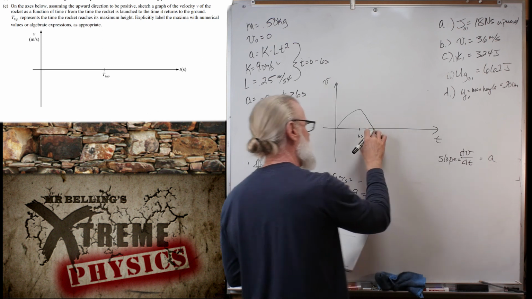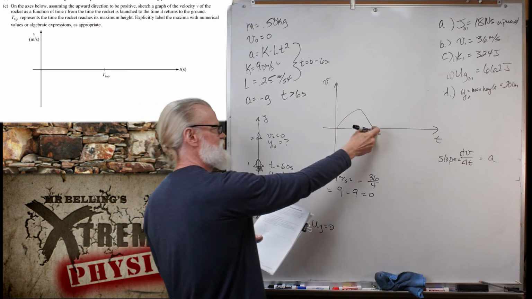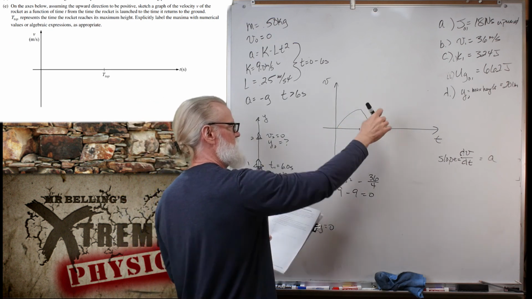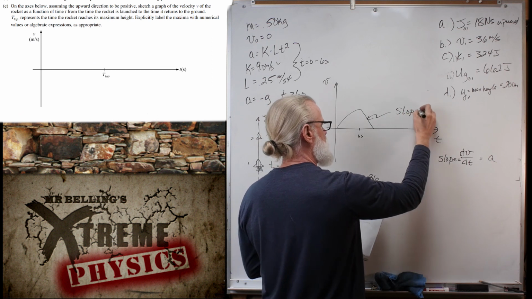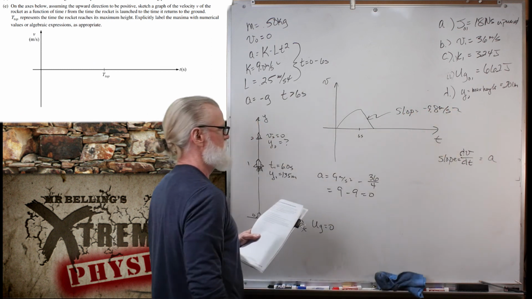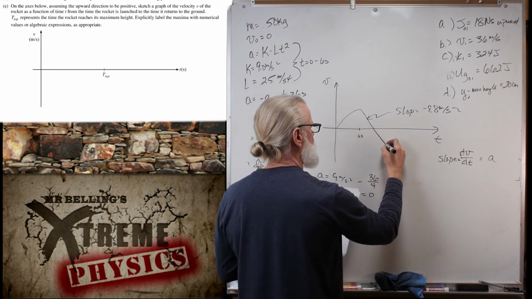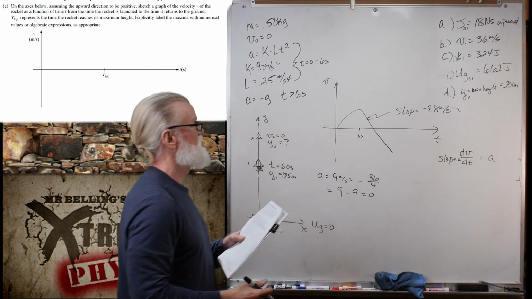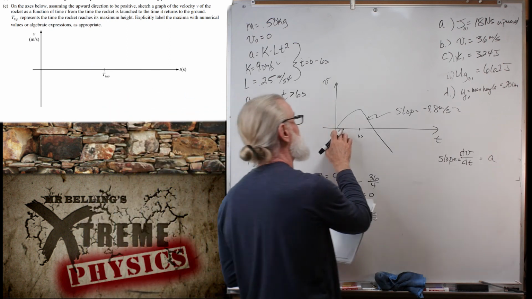But that's not the ground, right? That's not the ground. That's when velocity is 0, right? And the slope of this here is going to be negative 9.8 meters per second squared. And it's not going to reach the ground until, right? Until what? It's got to end at the same position it started.